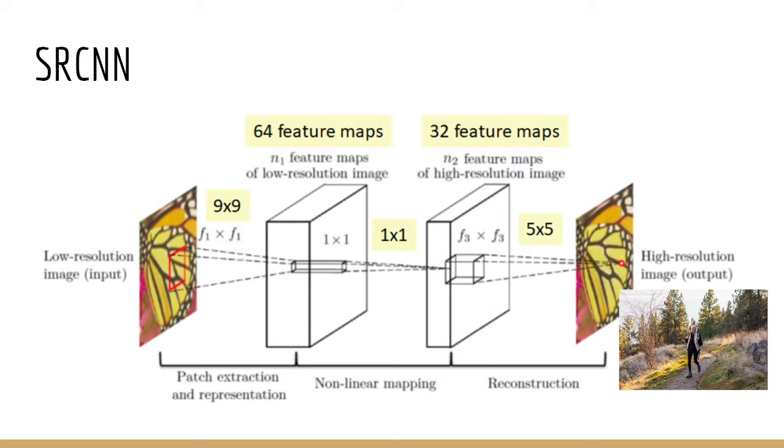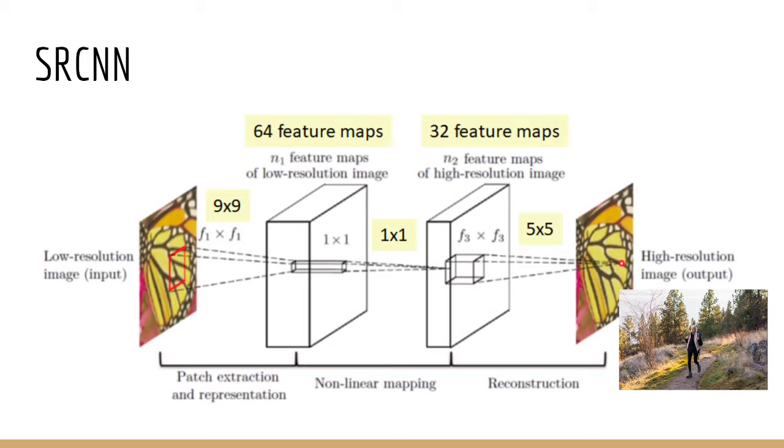And another thing is you need to run this block by block. Consider you have an image that is 270 cross 270 and you have an input size of 27 cross 27.